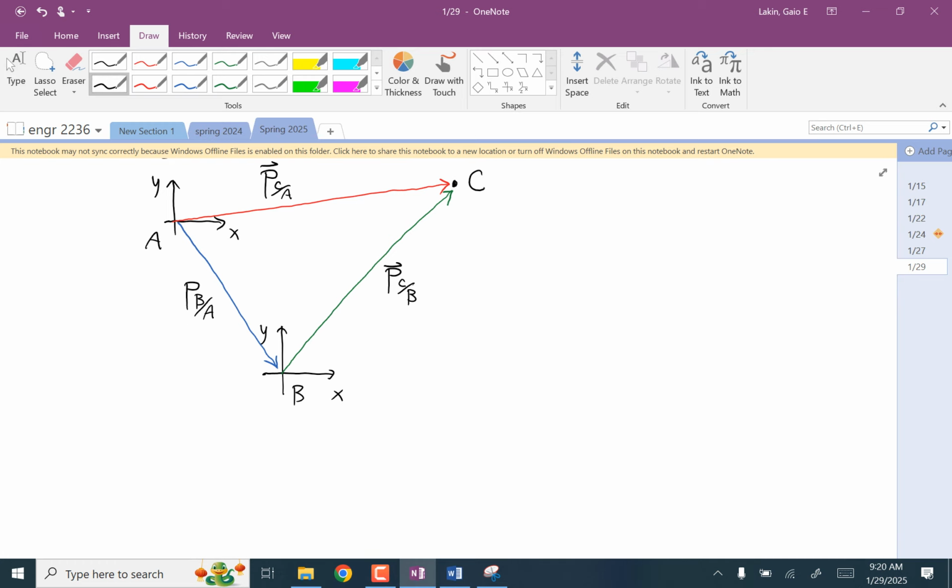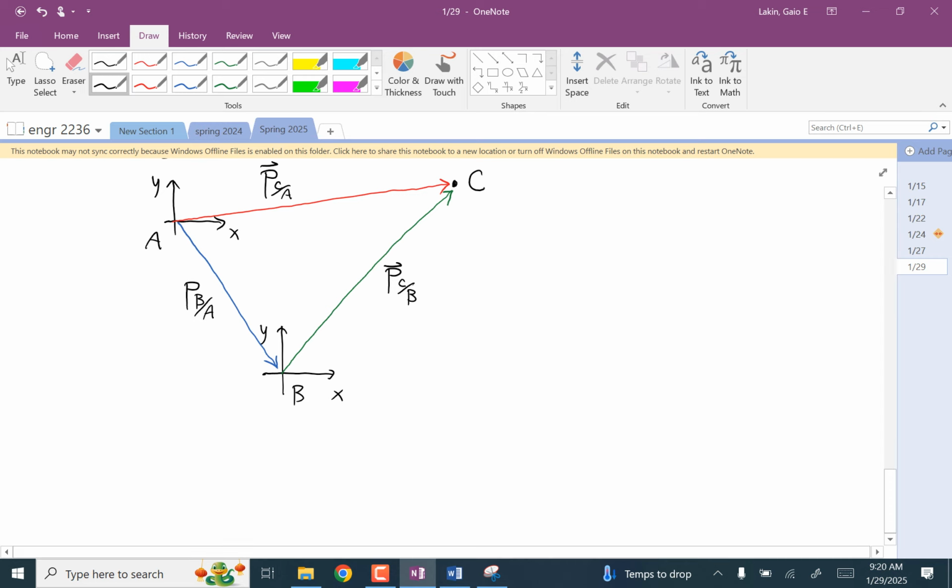Well, notice that now that I've drawn all these vectors, this is just a vector addition thing. That vector, the position of C relative to A, is the sum of those other two, by the way vector addition works.